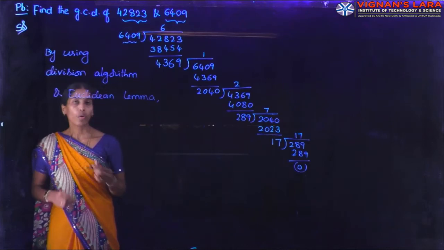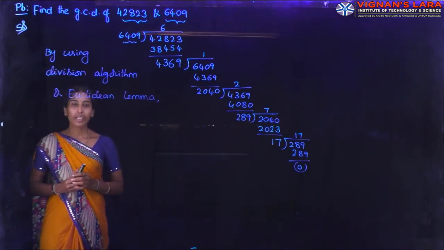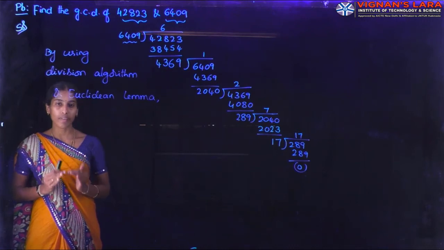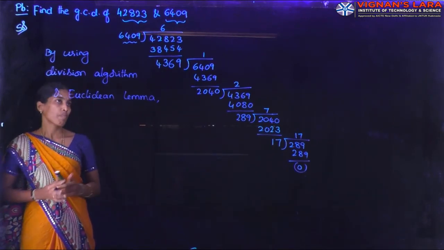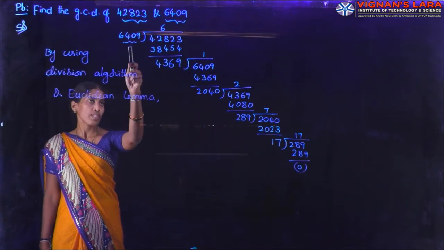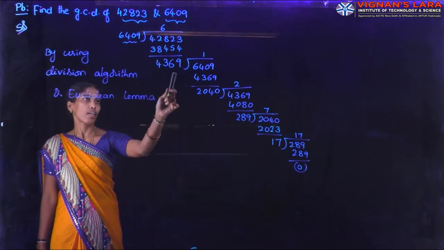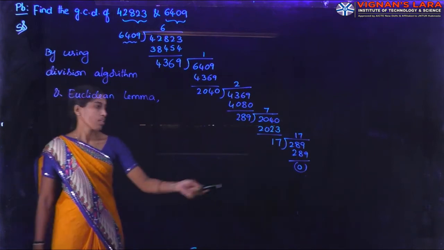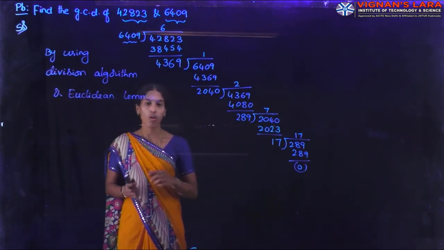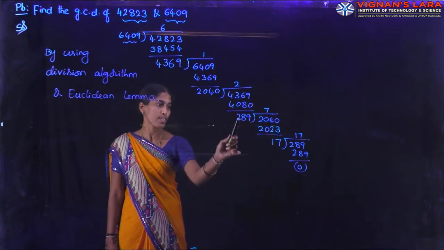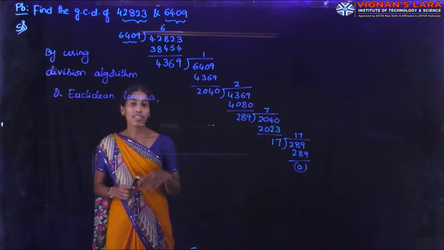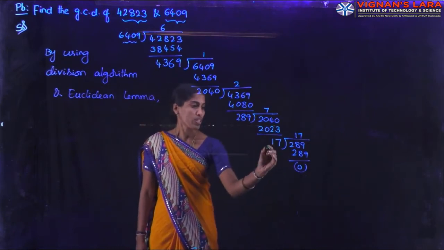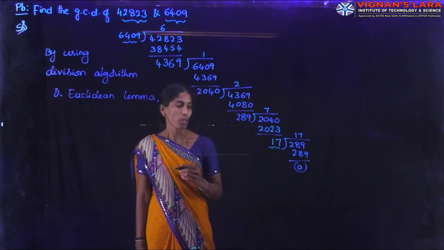Right? What does the Euclidean lemma say? In the Euclidean lemma, every time we are dividing the dividend by its divisor, and in the next step we have to divide the previous divisor using the current remainder. Finally, we get the remainder 0 because all the remainders are in a decreasing sequence, right? So the last non-zero remainder gives us the GCD, right?